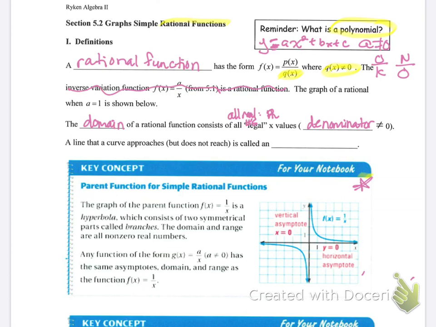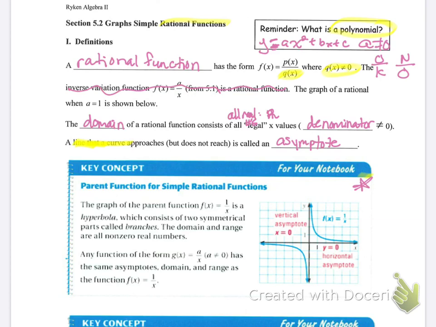All right, here's that vocab word for you again. A line that a curve approaches, but doesn't reach. So it's that line that it approaches. It's called an asymptote. We had this with exponential functions, and it was always that number that was added out to the side, but I always say, when in doubt, graph it out. And you can see there, okay?